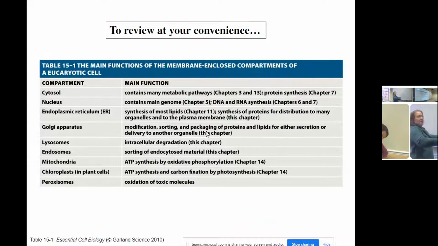This is where they might be heading between: materials that are heading between extracellular space, lysosomes, and the ER/Golgi. Endosomes are kind of an in-between holding spot, or like a storage room in your house for materials that are heading between those compartments.